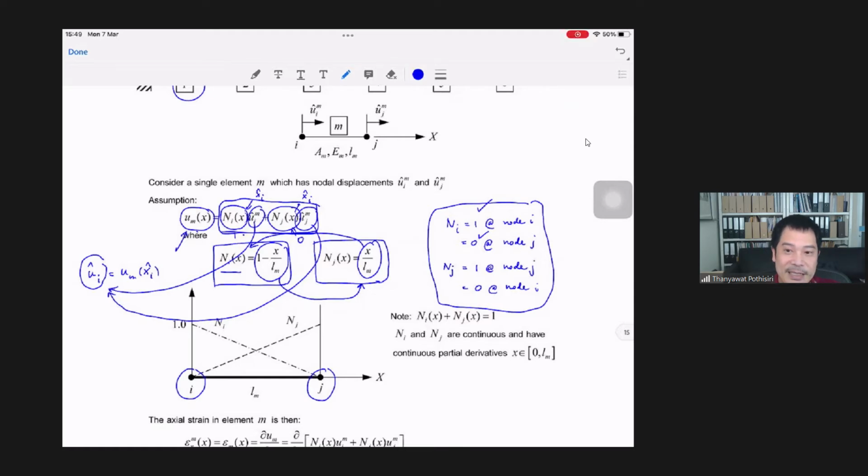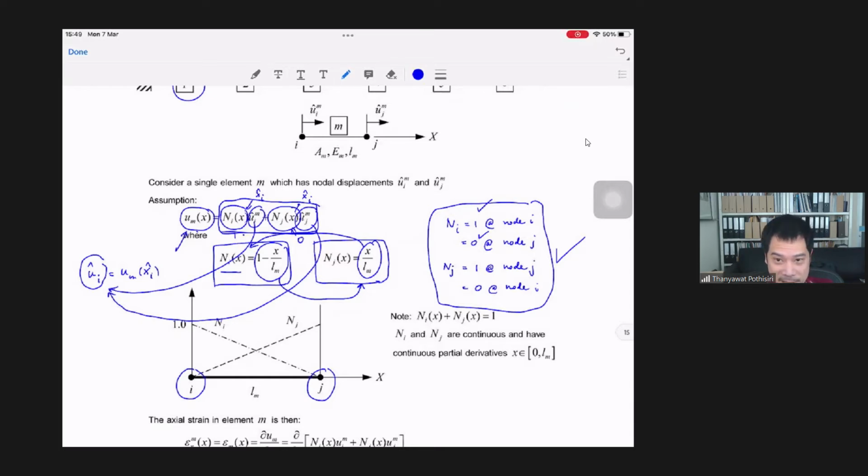Same thing, if you look at node J, the displacement at node J comes only from the nodal displacement at node J and no contribution from all the other nodes. So this is what these properties would preserve for you.